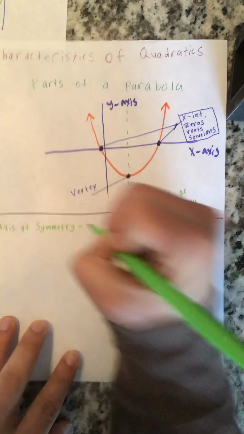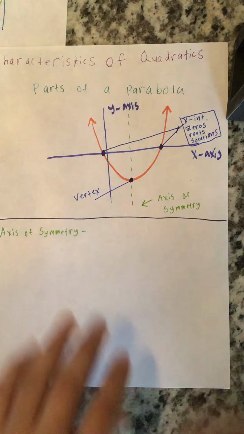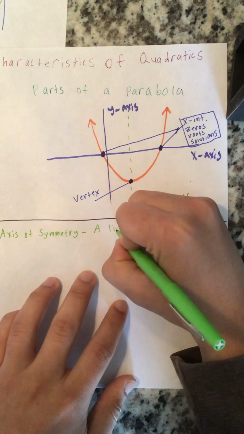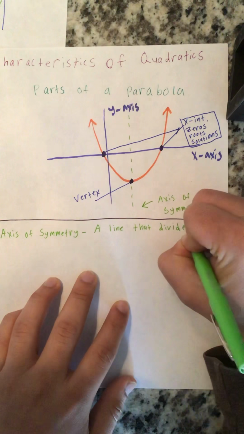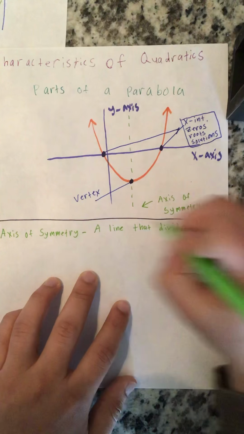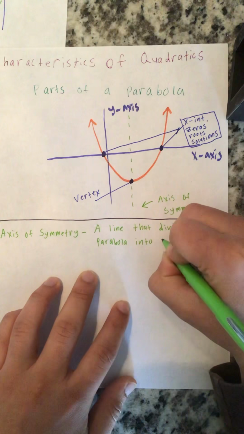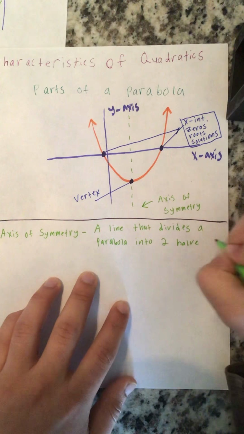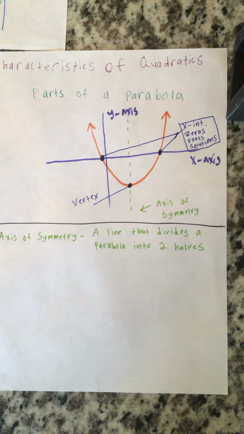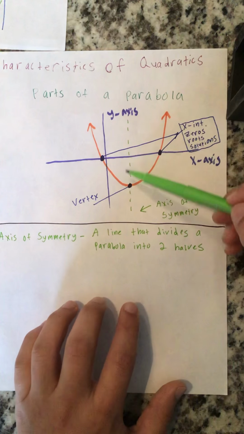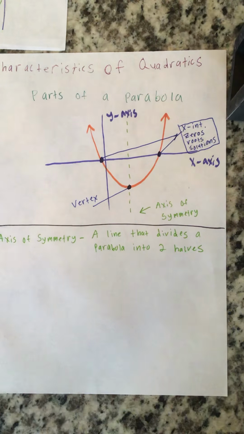Axis of symmetry is a line that divides a parabola into two halves. So again, it's right down the middle. This is the axis of symmetry, because this side is equal to this side, okay? It's kind of like a mirror.